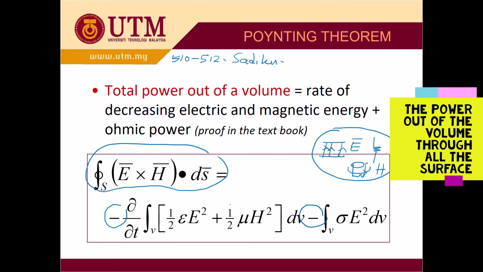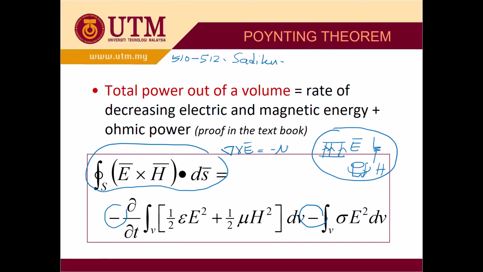So how to derive this? You have to refer to pages 510 to 511. Here, we begin with two Maxwell equations: curl E is equal to negative mu del H over del t, and curl H is equal to sigma E, this is the conduction current density, plus epsilon del E over del t, this is the displacement current density that we saw previously.